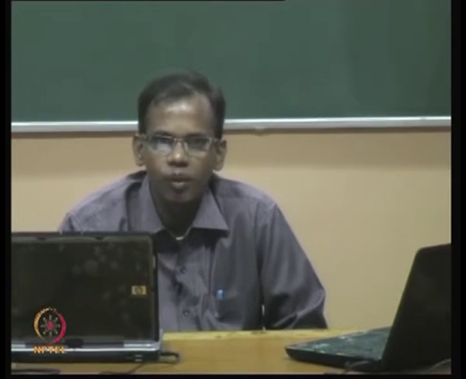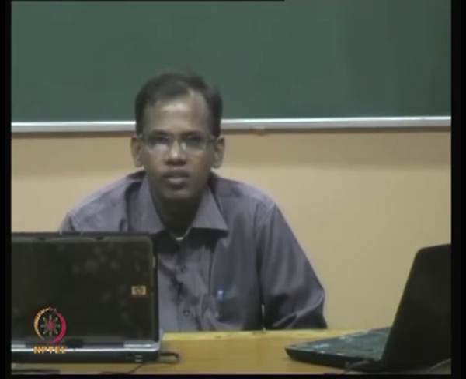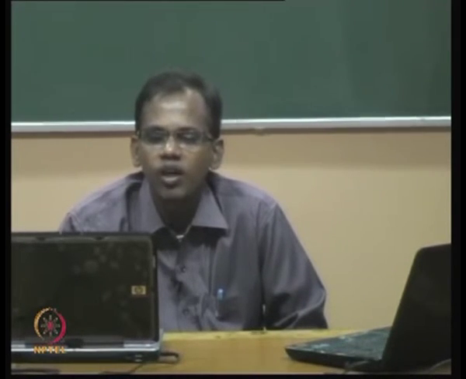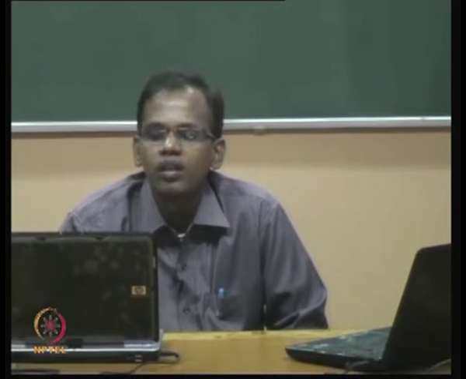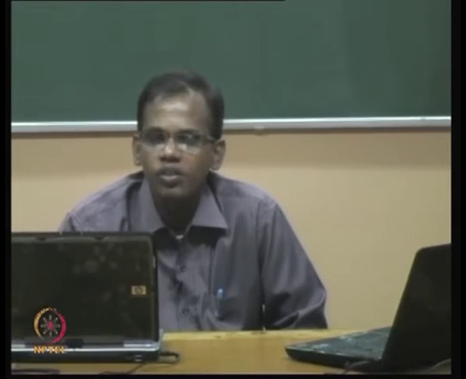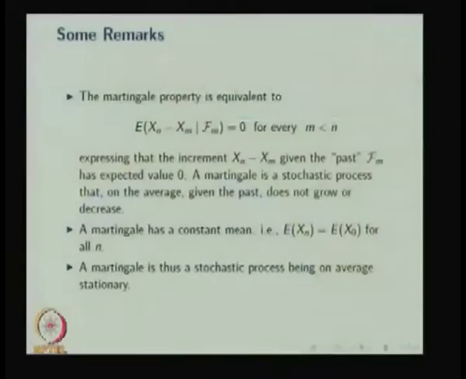Usually the stationarity property or the time invariant property is discussed in the distribution. But here in the Martingale, it has expectation of X_n equal to expectation of X_0 for all n. Therefore, a Martingale is thus a stochastic process being on average stationary. These above remarks are also valid for continuous time.